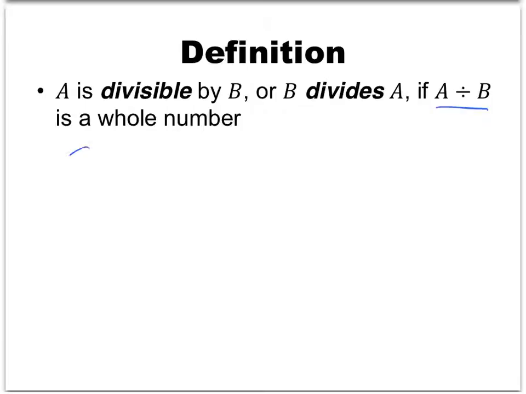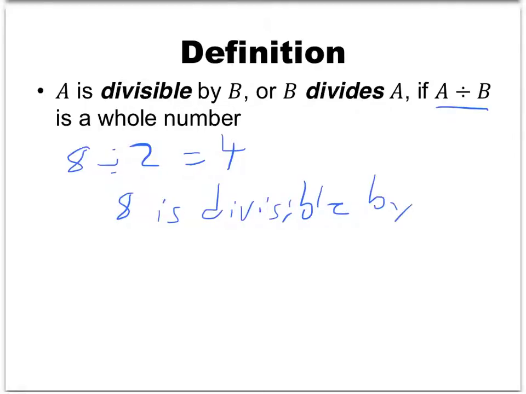Let's take the equation 8 divided by 2 equals 4. So 8 divided by 2 is a whole number, and so based off of this we could say that 8 is divisible by the number 2.